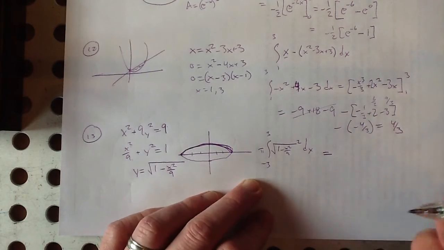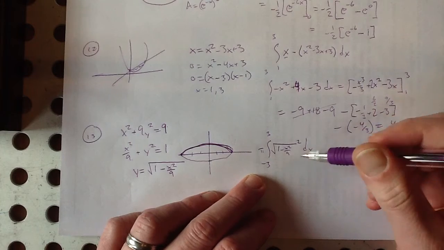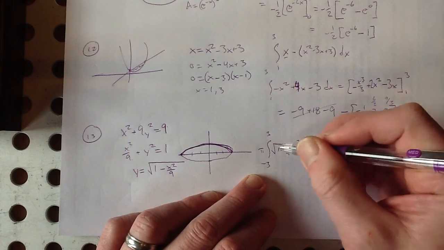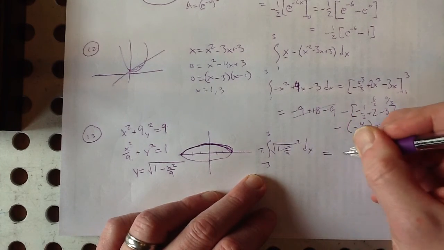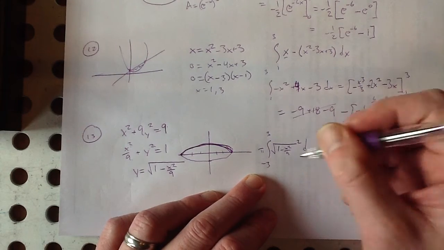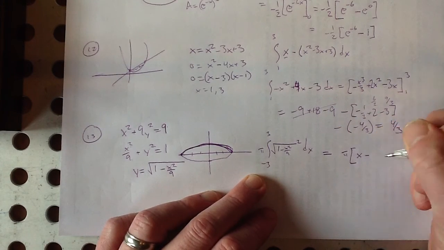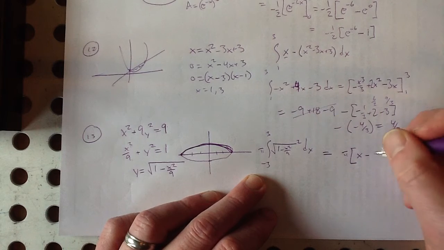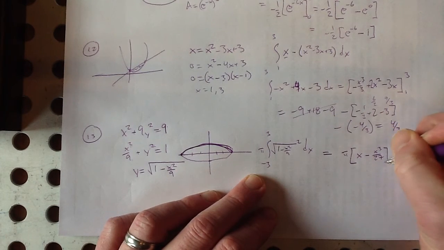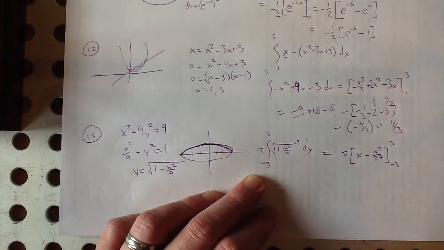So let's see. The antiderivative, the square root and the square cancel each other out. So I get pi times antiderivative of 1 is x. The antiderivative of x squared over 9 is x cubed over 27. Negative 3 to 3.